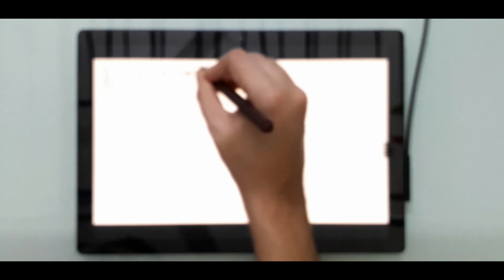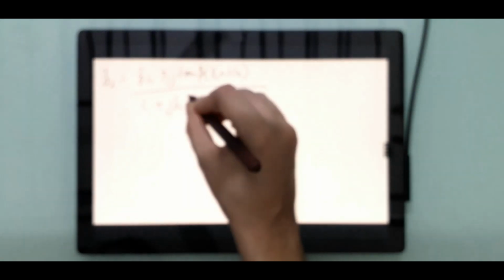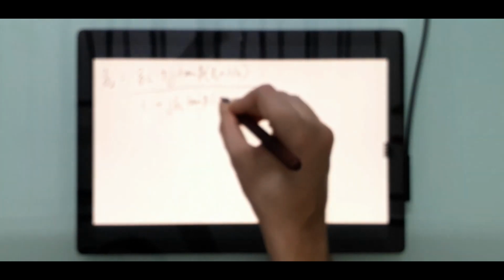So we can write this as ZL plus j tan beta. I can substitute now: L2 is equal to L1 plus lambda by 4. How would this be?